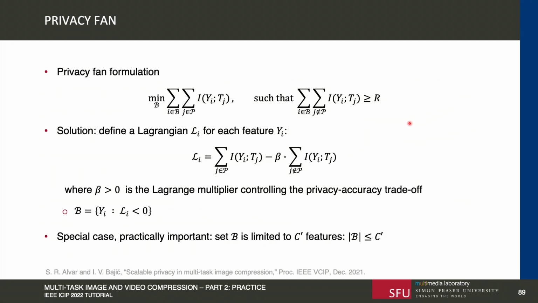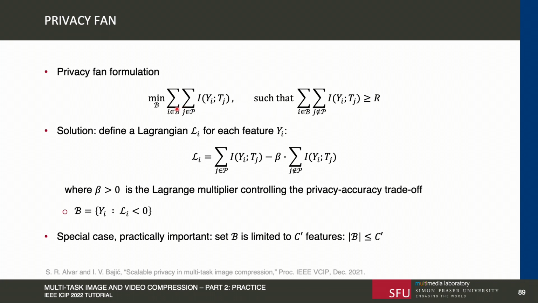And the way that's accomplished is by setting up an optimization problem where the mutual information between features and private tasks is minimized, while the mutual information between features and non-private tasks is kept at a certain level that is deemed to be sufficient to accomplish sufficient accuracy of those non-private tasks.